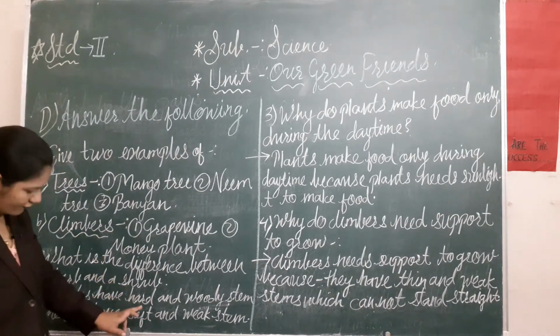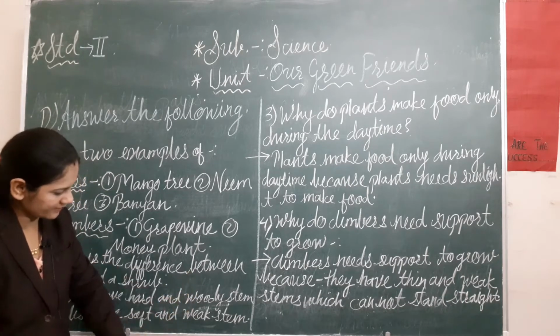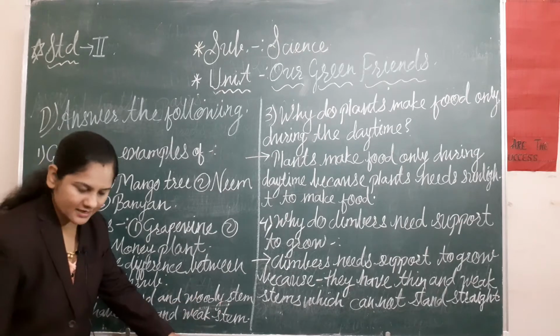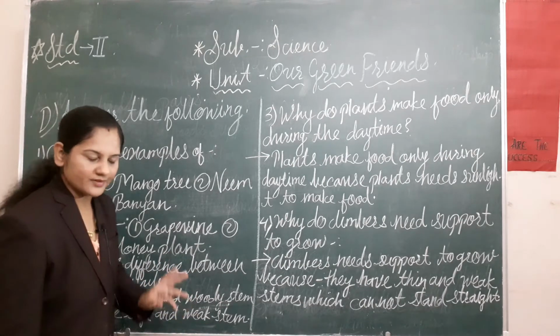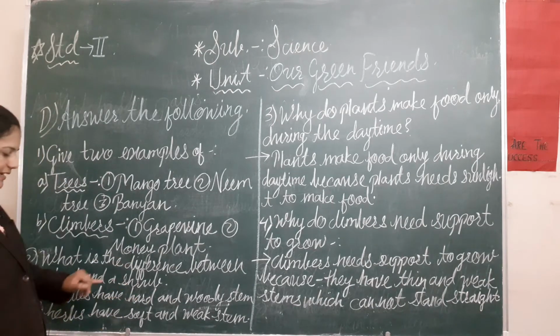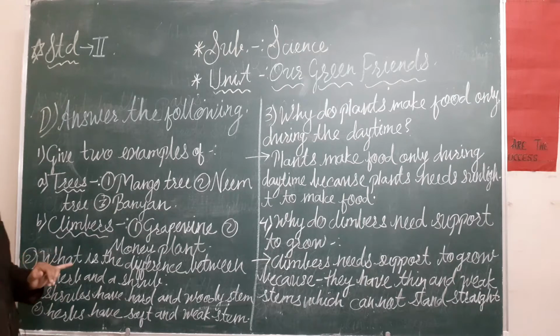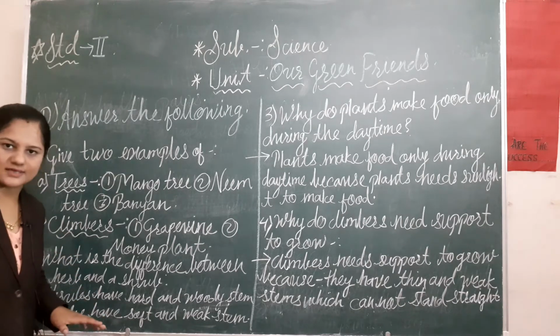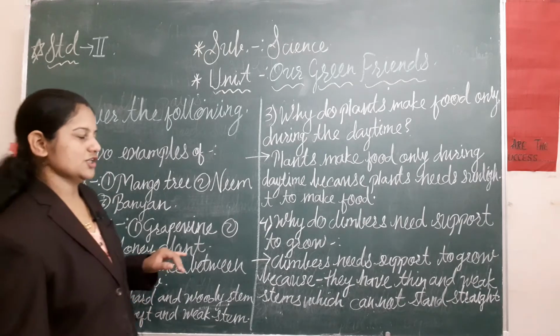Here they have the woody stem, here they have the weak stem. Here they have the hard stem, they have the soft stem. This is the difference between herb and shrub. And again, some examples of herbs are seasonal plants. Okay, this is the main difference between herb and shrub.